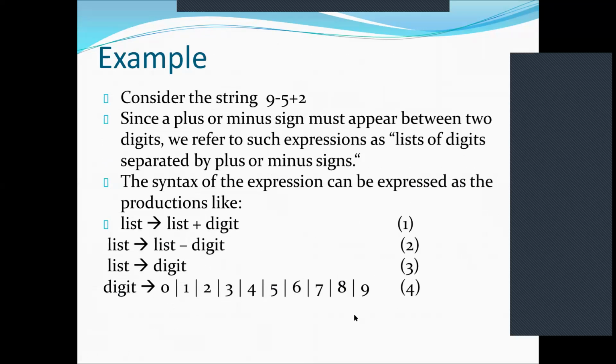So now first 9 comes to you, right? So when 9 comes to you, you know that the digit can have the form of 9. That means 9 is a digit. You understood that? Yeah, so as a computer, you understand 9 is a digit. Then when the third statement comes, this production says that the list can have a value of digit, right?